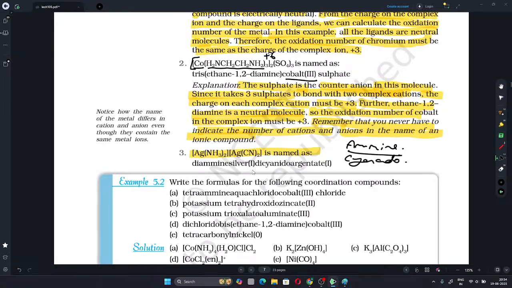Amine should come first, so it will be diammine silver(I) dicyanidoargentate.